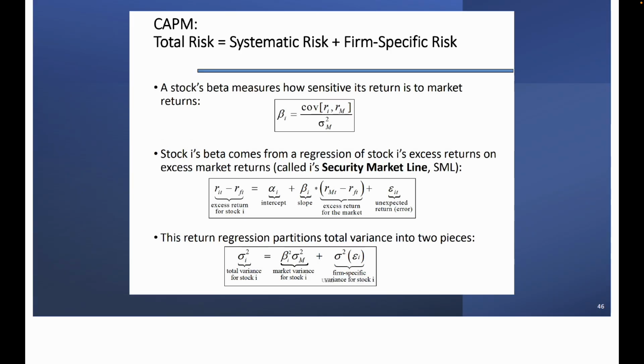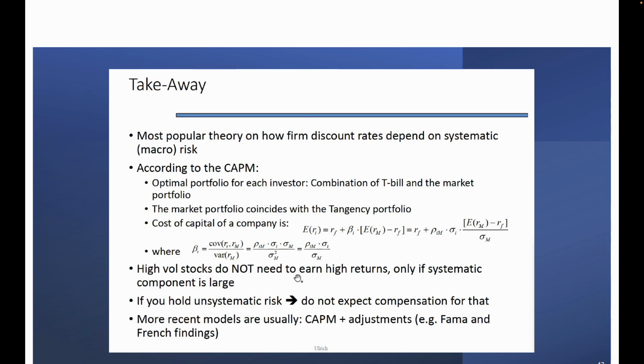Okay. So to summarize, CAPM is the most popular theory on how the discount rate of a project, of a firm, of an asset depends on systematic risk. According to the CAPM, the cost of capital of a firm is simply the risk-free rate plus its beta times the market premium.